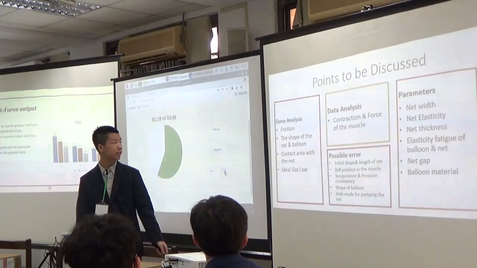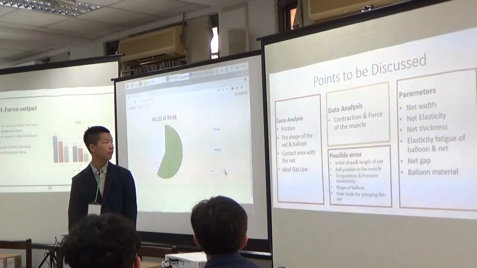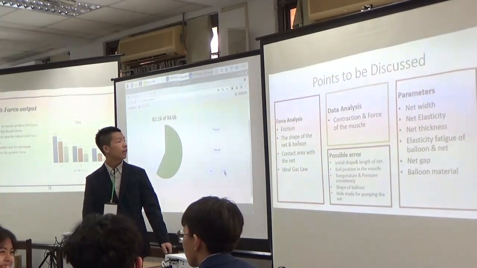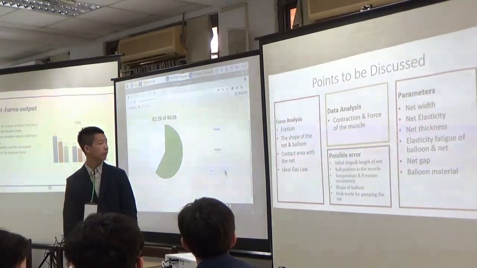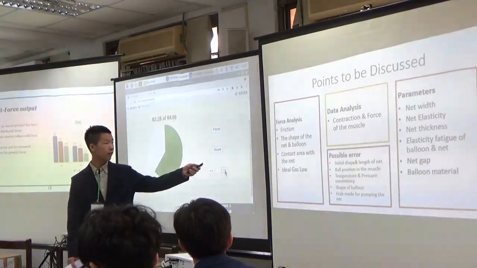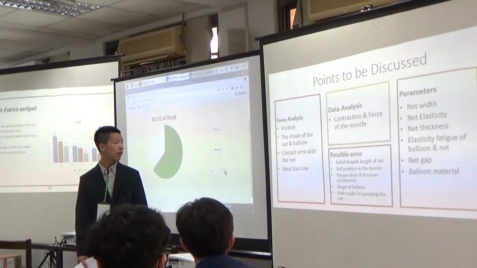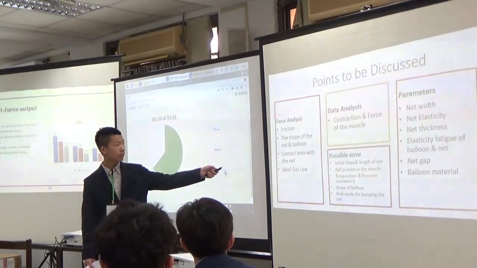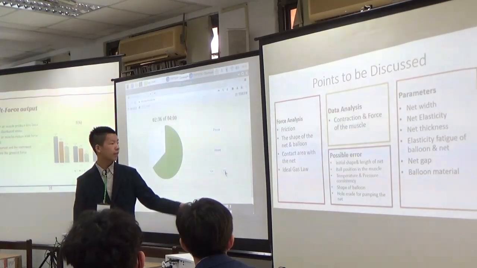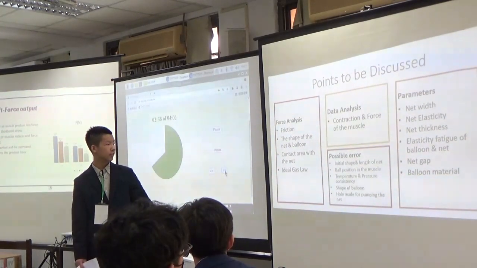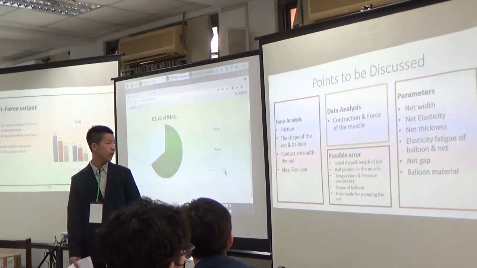About the data analysis, we are going to analyze the contraction and the force of the muscle. Here are some possible errors, like the initial shape and length of the net, the balloon position inside the muscle, temperature, pressure consistency, and the shape of the balloon.